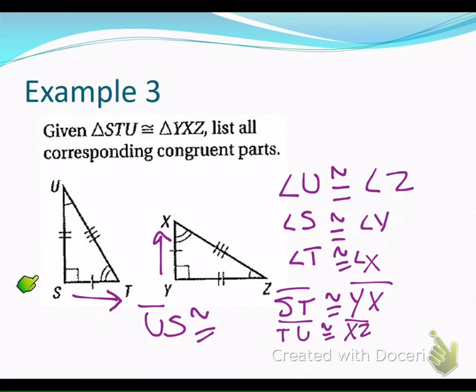So U to S would be ZY. Good. Does order really matter? Depends who's teaching. I usually am not super picky about that, but most geometry teachers are. So yes, order does matter.